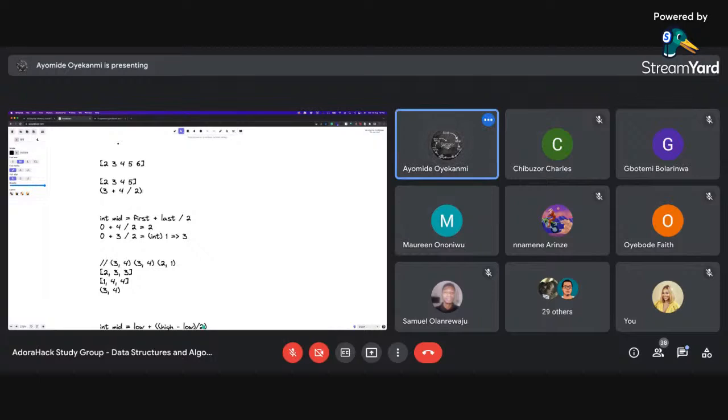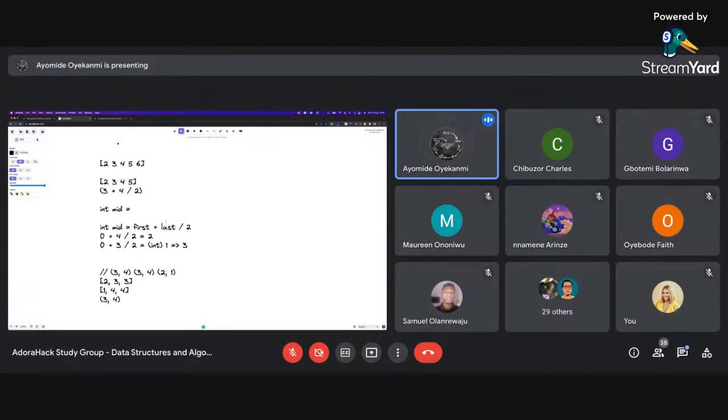Right. So one thing, this is interesting, and I actually don't know why we do this, but when we calculate mid, there are 2 formulas. When we're writing code, usually this is how we calculate mid for most things I've seen anyway. This is not to say that it's right in any way. The first is first plus last divided by 2.